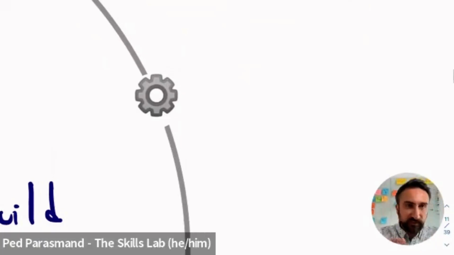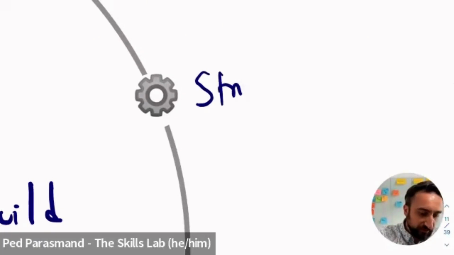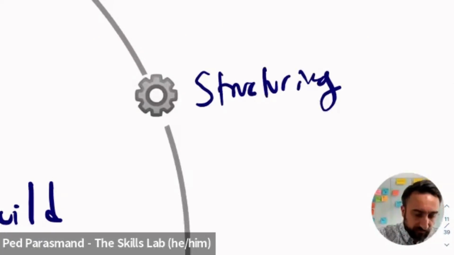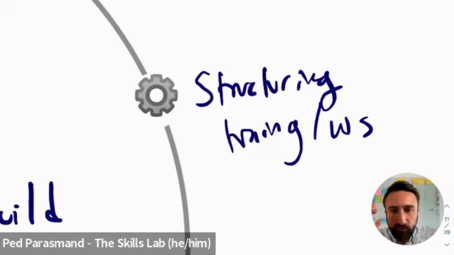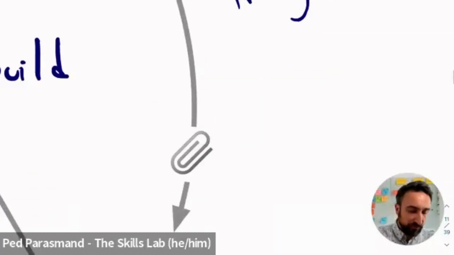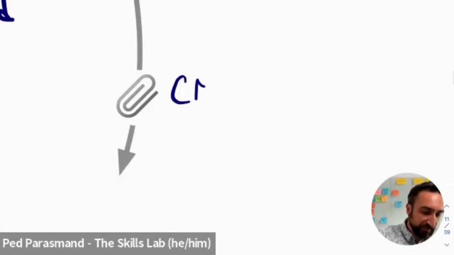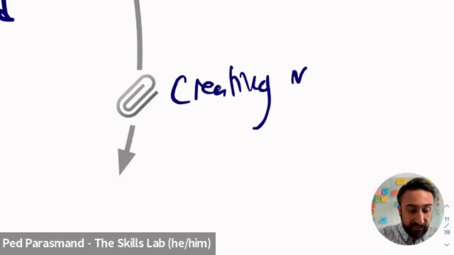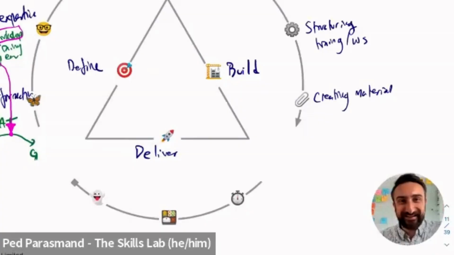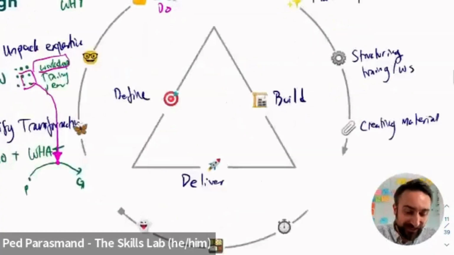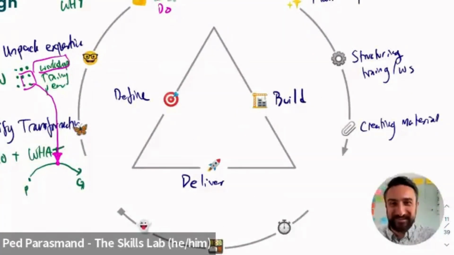Then once we've got the overall journey, it's about structuring the training or workshop, making sure you have a very clear structured plan that people are going to get the most out of. And then it's about creating the material. If you were like me back in the day, and said, I'm going to start building the PowerPoint, this is step 6 in this process.